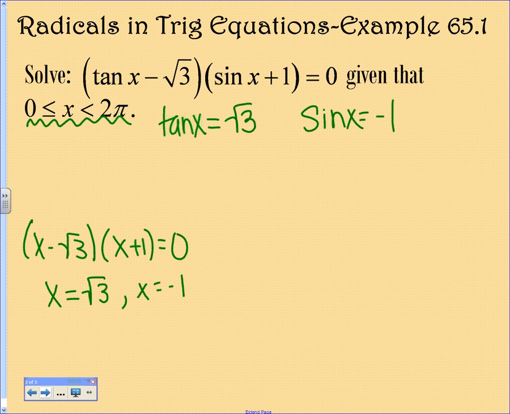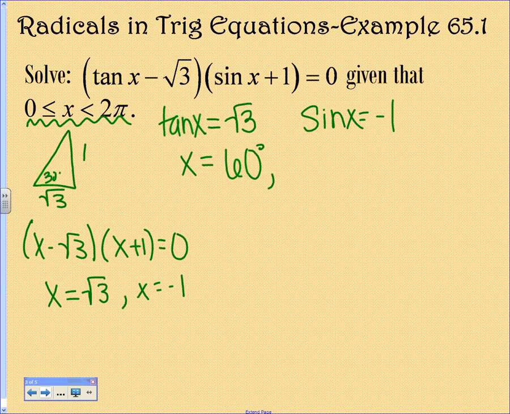What angles give us a square root of 3 for tangent? Let's check. Is the tangent of 30 equal to square root of 3? So it's not 30 degrees, it's 60.